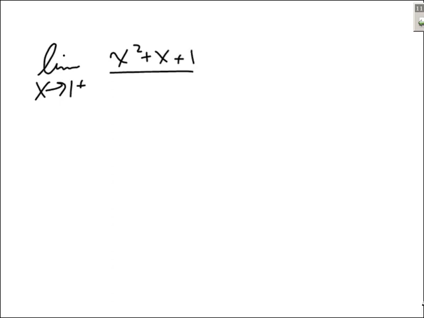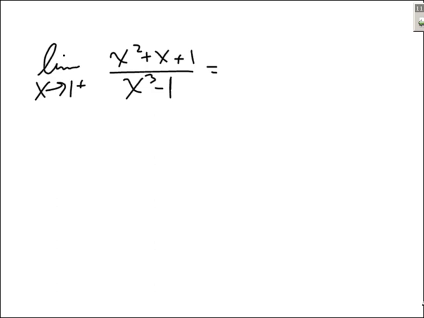Okay, let's look at a couple of others. Suppose you have this problem. Say the limit as x goes to 1 plus of x squared plus x plus 1 divided by x cubed minus 1.